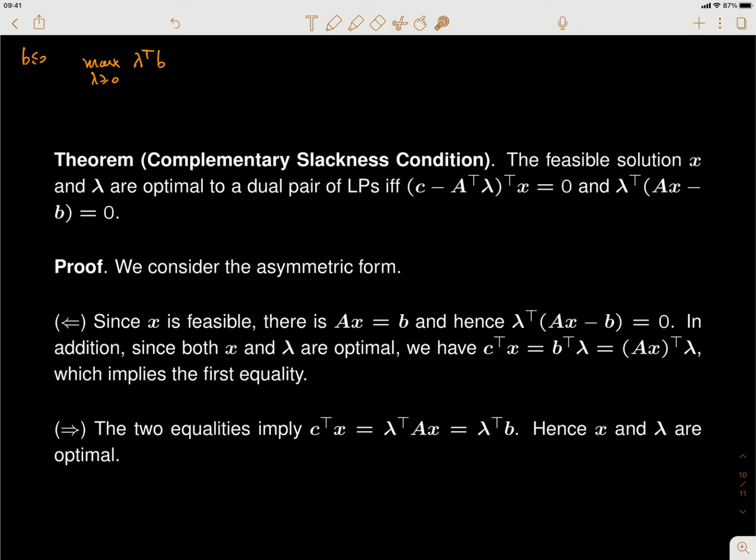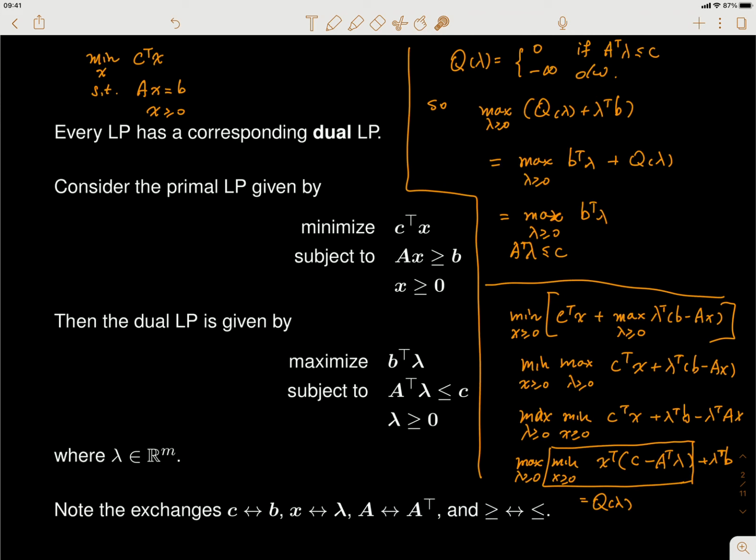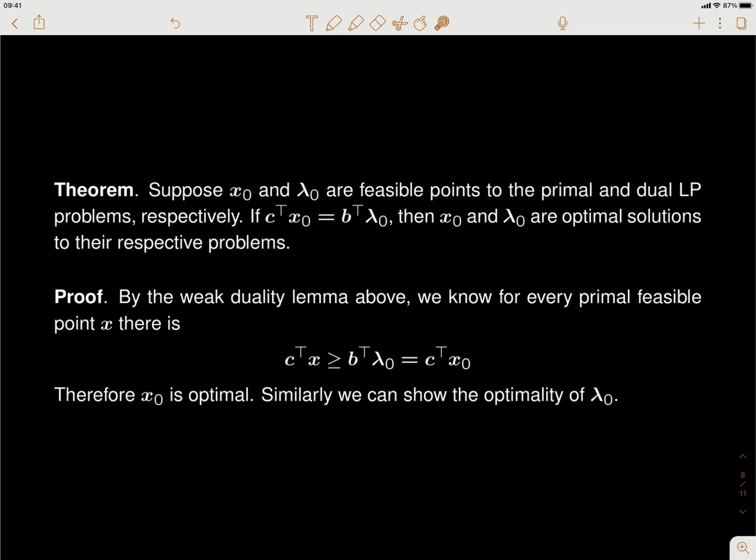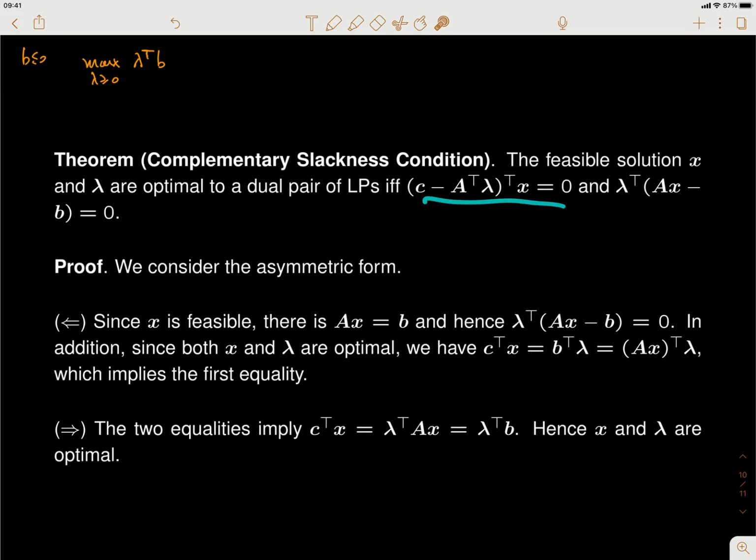And when we consider the other one, where the slack in the dual constraint is this, at the optimal solution this part is also 0, which means that x times this is equal to 0. That is the last condition here. So as long as these two conditions are satisfied, x and lambda are optimal. This is a sufficient and necessary condition to show that x and lambda are optimal solutions.